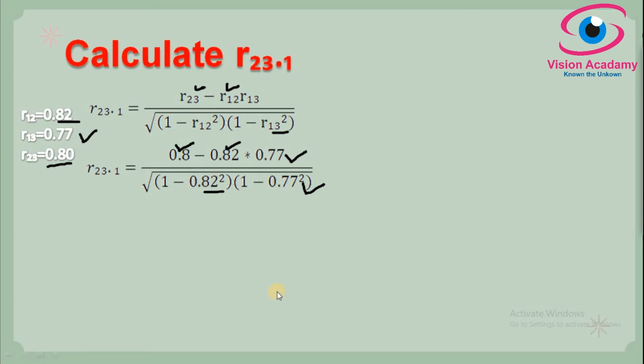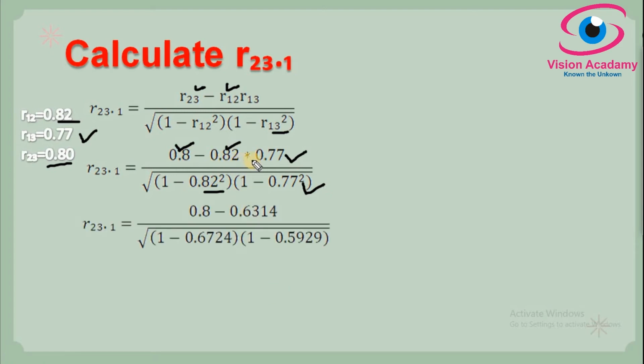So I will simplify this again. In the numerator 0.82 into 0.77 will be 0.6314, and in the denominator 0.82 into 0.82, squared, is 0.6724. 0.77 squared is 0.5929.